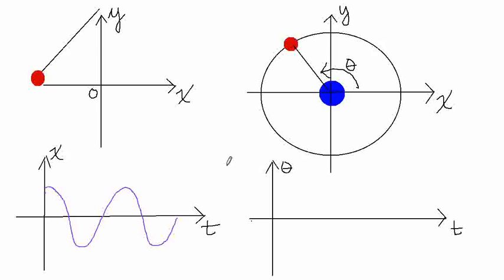Now, for the planet, what do you think theta would look like plotted as a function of time? Now, I'm going to define theta to always be between 0 and 360 degrees.